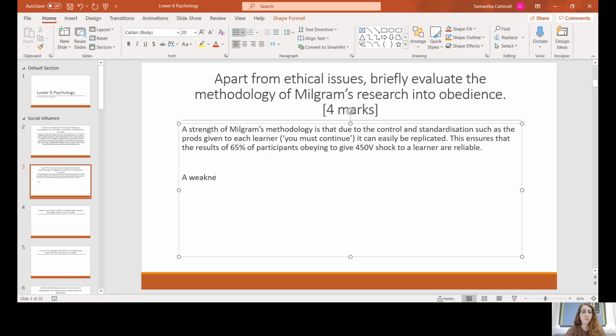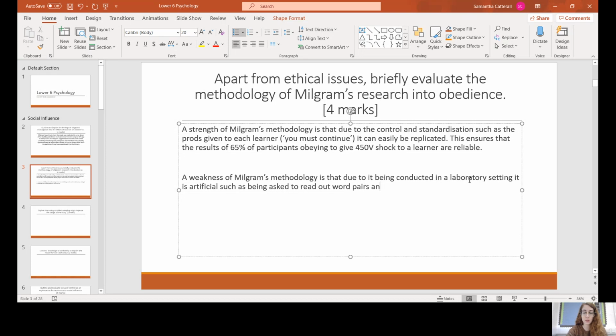A weakness of Milgram's methodology is that due to it being conducted in a laboratory setting, such as being asked to read out word pairs and then shock someone in another room when they get it incorrect, is not something that people would do in everyday life.